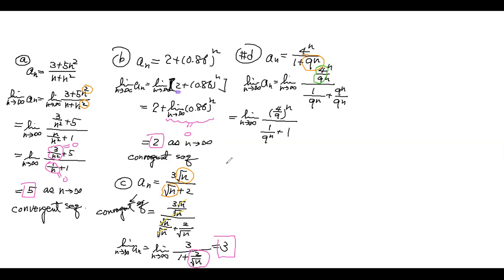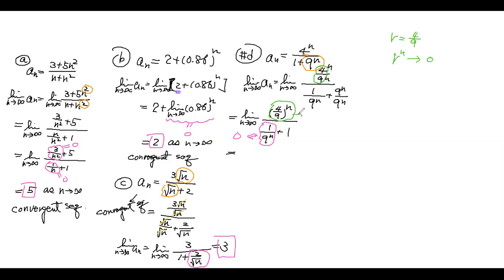Now let's see what happens when n approaches infinity. We know what happens to 1 over 9 to the nth power: 9 to the nth power goes to infinity, so the denominator becomes bigger and bigger and the whole thing goes to zero. Now the top is 4/9 to the nth power. Remember the review: r is equal to 4/9, and because r is less than 1, r to the nth power approaches 0.